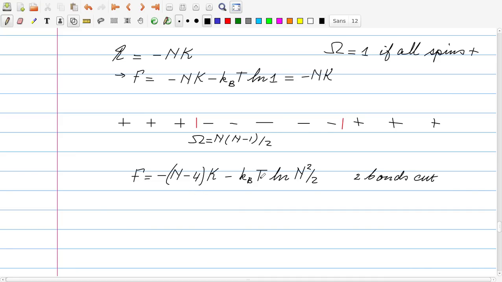And if you consider the entropy effect, approximately for large n, we can replace this by n squared over 2, and we see that this term will always win from the energy cost of 4k. So this is always more stable than the plus phase.